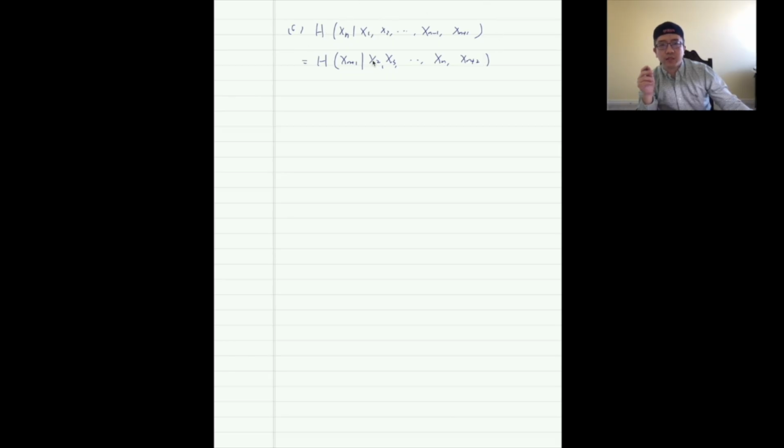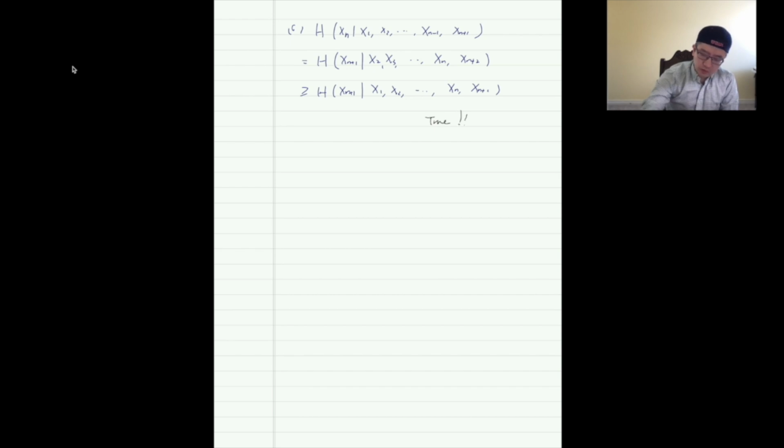For this guy, we miss a component of x1 here, right? So basically, we need to add this x1 back. By adding this, we know conditioning will reduce entropy. Therefore, it's bigger than or equal to x(n+1) given x1, x2 until x(n+2), right? Therefore, that is true. Okay.